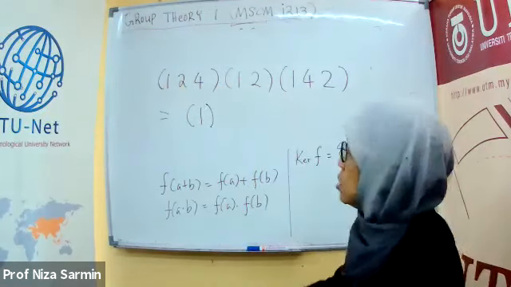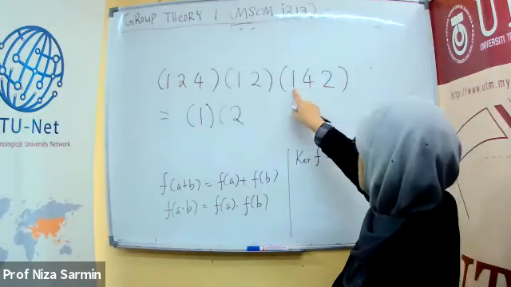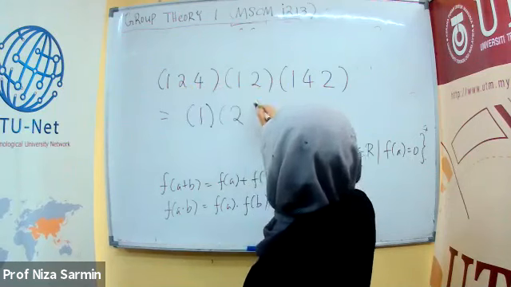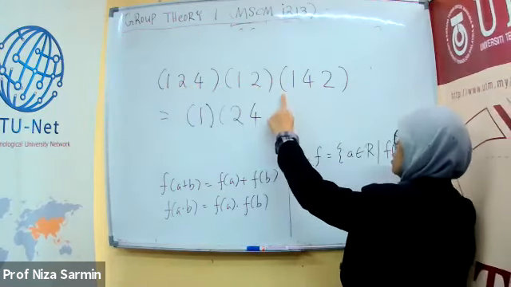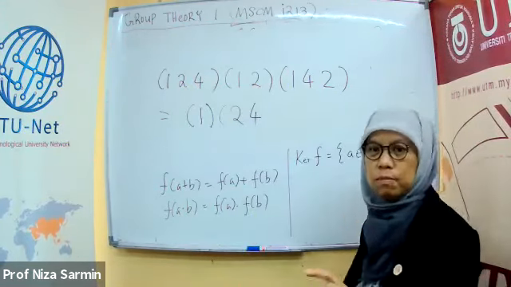Then you close. Then you start with 2. 2 goes to 1. 1 goes to 2. 2 goes to 4. So you stop. 1 goes to 2, 2 goes to 1.